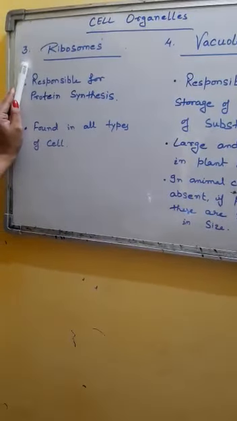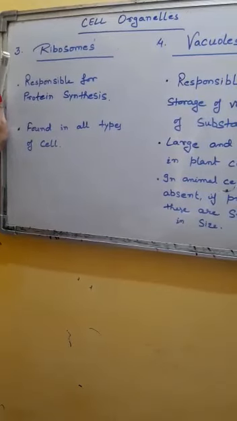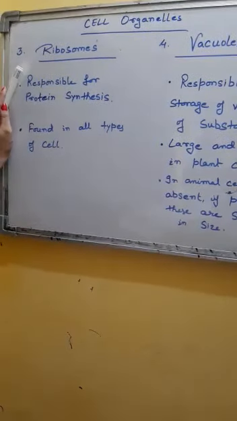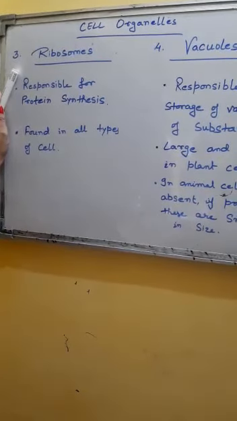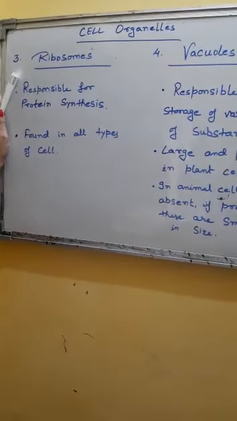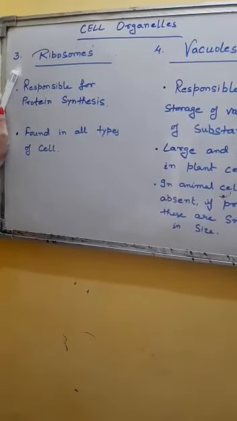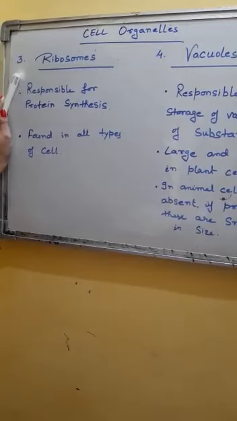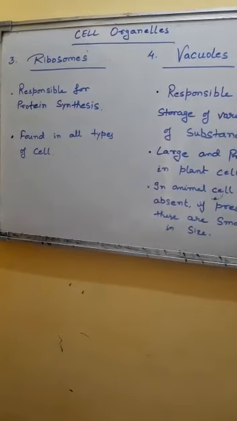In prokaryotes, they are found in the cytoplasm in free form, whereas in eukaryotes, they are generally associated with the rough endoplasmic reticulum. These are present on the surface of rough endoplasmic reticulum. However, they also occur inside mitochondria, chloroplast and nucleus.